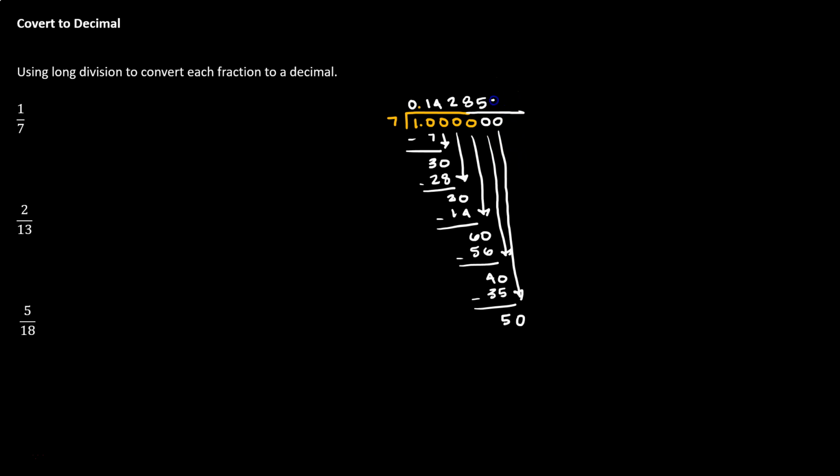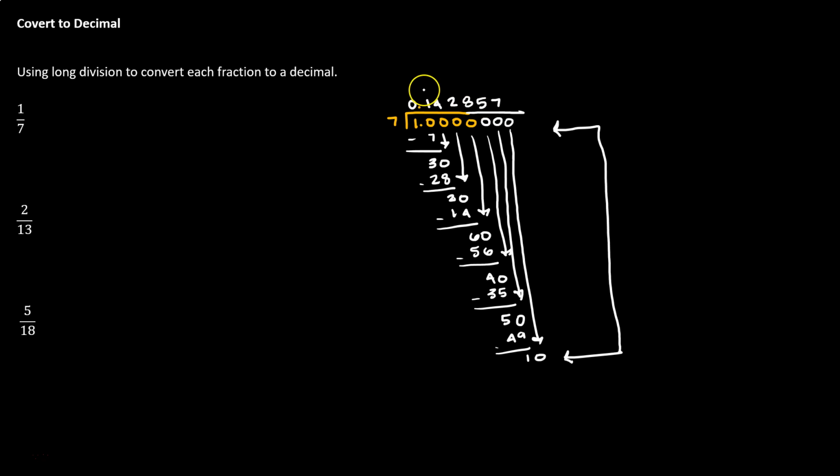Oops, not 6 times, but 7 times, because 7 times 7 is 49, with 1 left over. Notice that as soon as we get 1 again, we should start to suspect that we are right back where we started. And if you look back to a couple seconds ago in the video, this is the entire repetend. Once we get back to 10 down here, we know 7 goes into 10 once, with 3 left over, and the pattern is just going to continue.